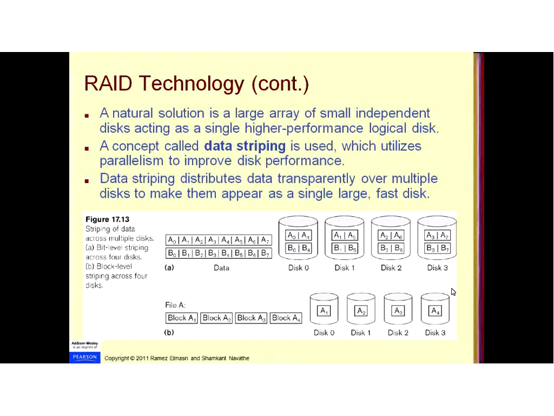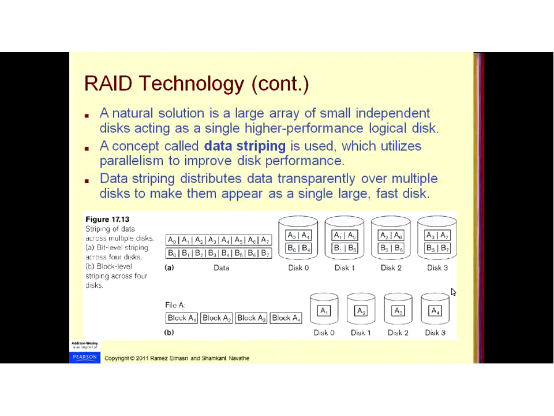A natural solution to the speed difference among your disk storage devices, your processor, and your primary memory is to use a large array of small independent disks acting as a single high performance logical disk.